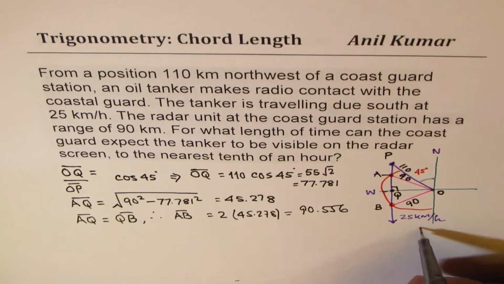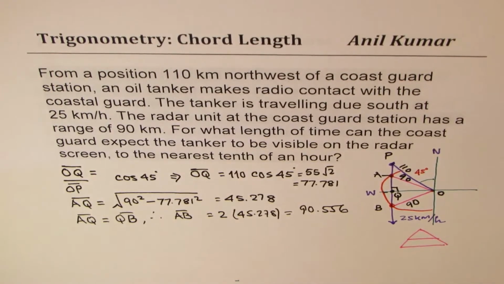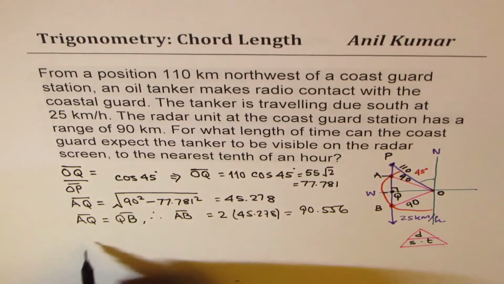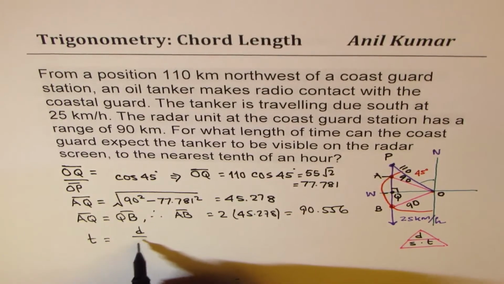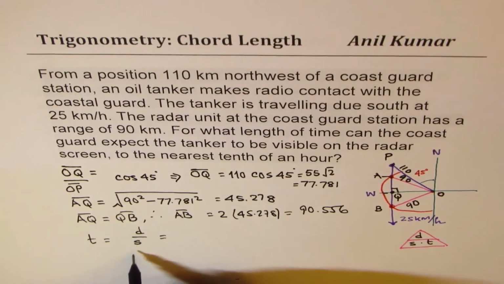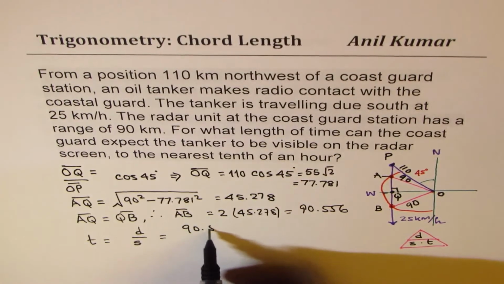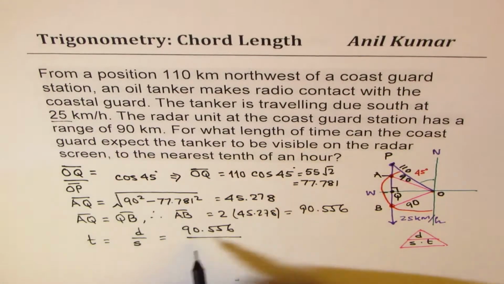Now, you know the distance-speed relationship with time. Distance is speed into time, right? So what is time equal to? Time will be distance over speed. Distance in our case is AB, which is 90.556, and the speed is 25 kilometers per hour.